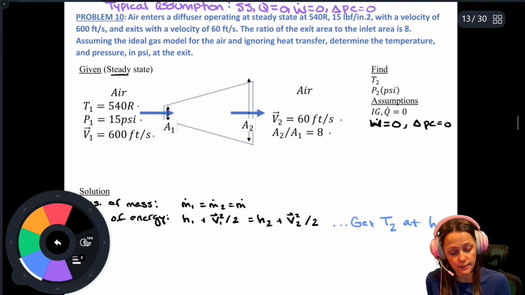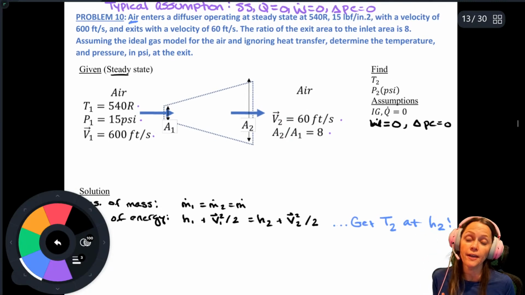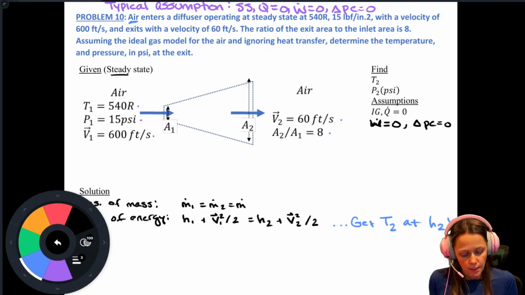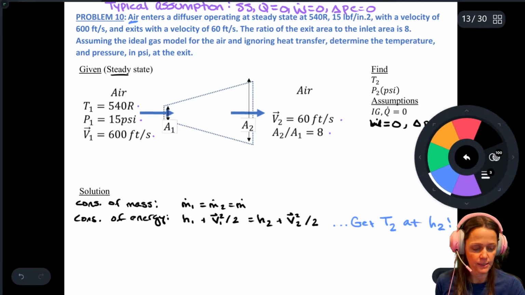Because I've got air, and if I think about those ideal air tables, all I really need is the temperature, right? It's an ideal gas, and for an ideal gas, your enthalpy is a function of one thing only, and that's temperature, right? So that's another thing that makes ideal gases very useful.